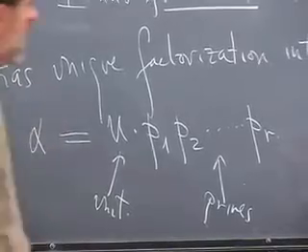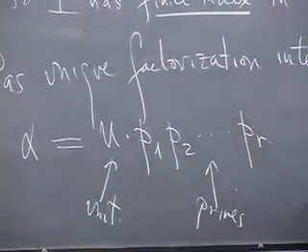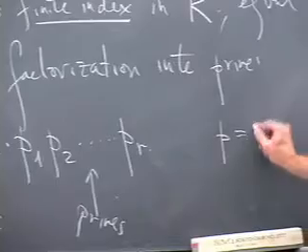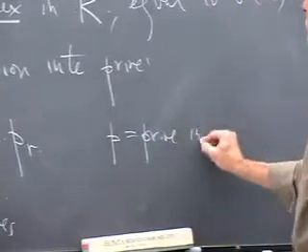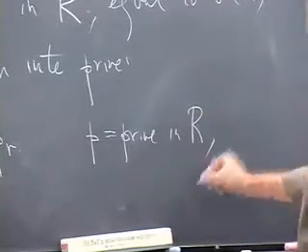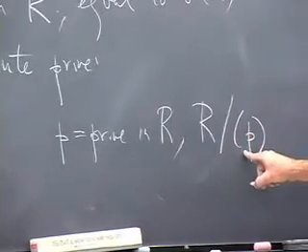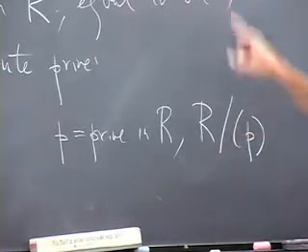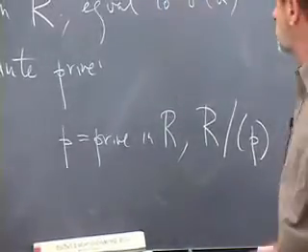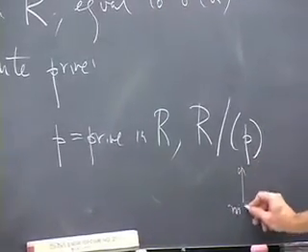And remember what the primes are. The primes are elements such that when you take the principal ideal generated by P, it's maximal with respect to principal ideals. But in this case, every ideal is principal, so this has to be a maximal ideal.